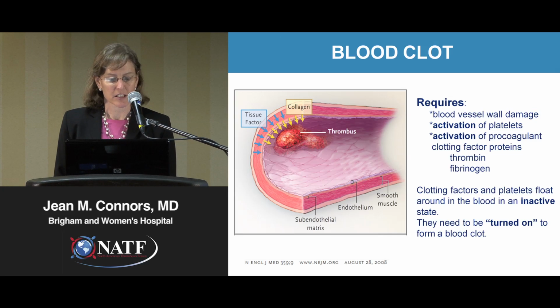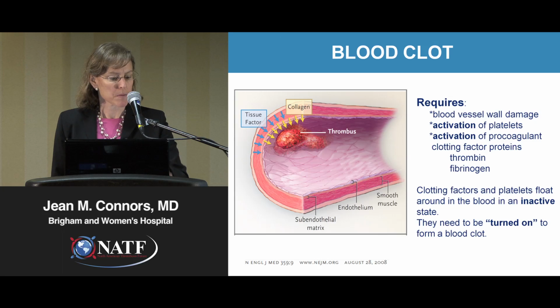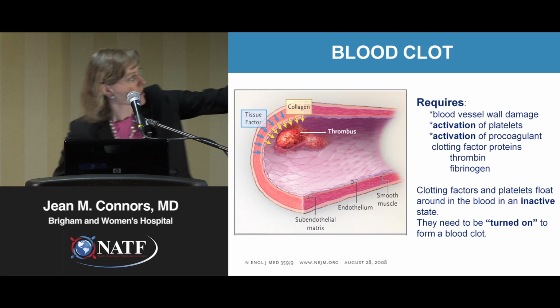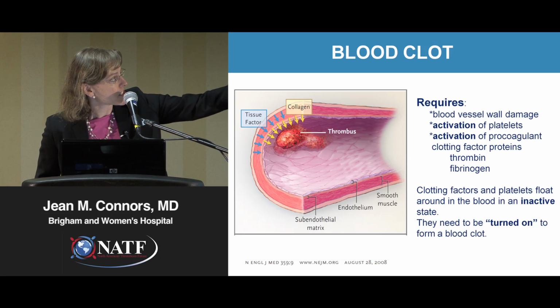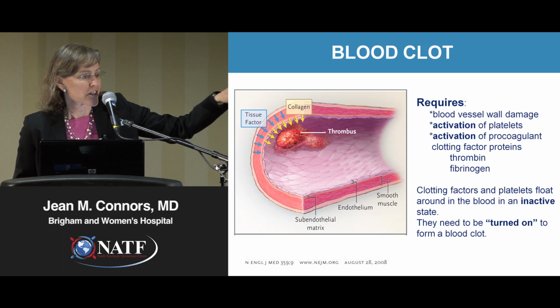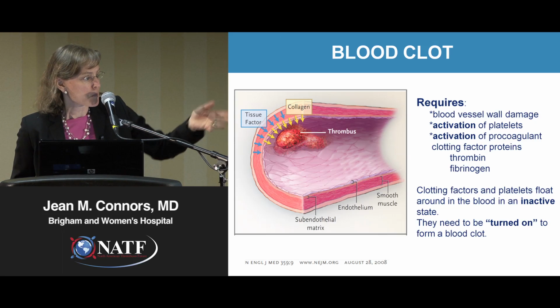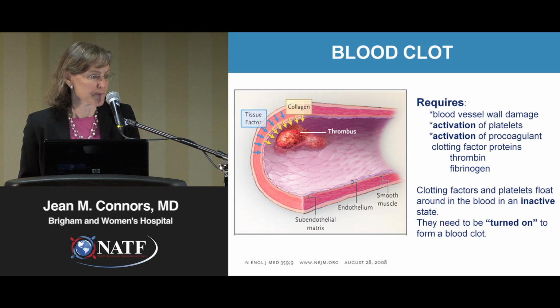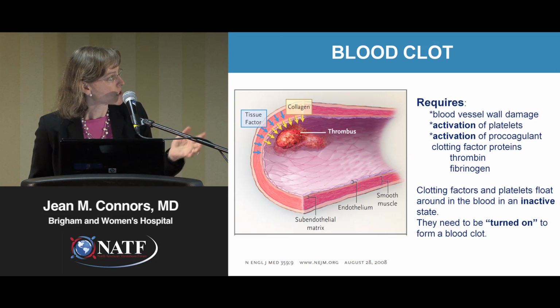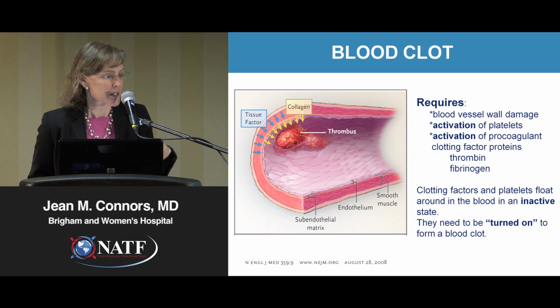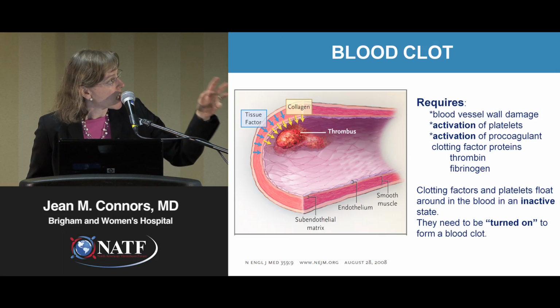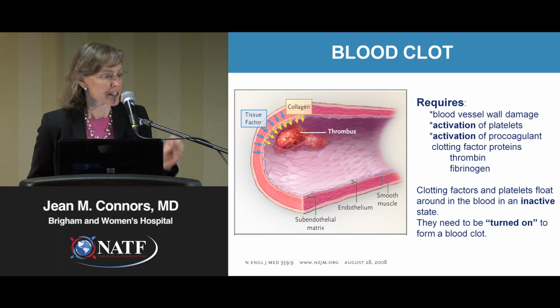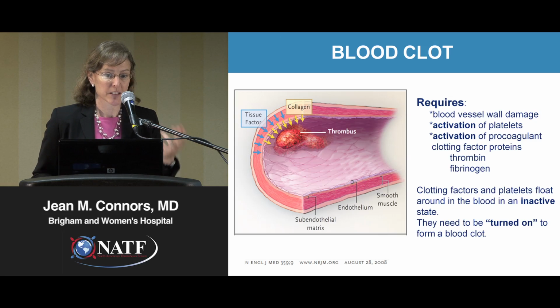So the key factors that are required are the blood vessel wall, and you can see that up in the corner up here, tissue factor and collagen. These are two factors that are usually not exposed in the surface of the blood vessel wall. When you damage the blood vessel wall, the tissue factor gets exposed, and that activates one of the clotting factors. The collagen that also gets exposed binds the platelets and activates the platelets.